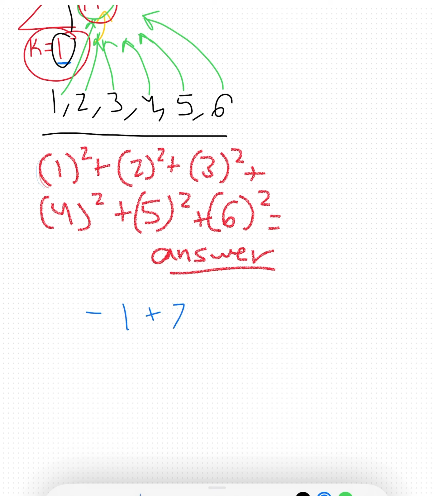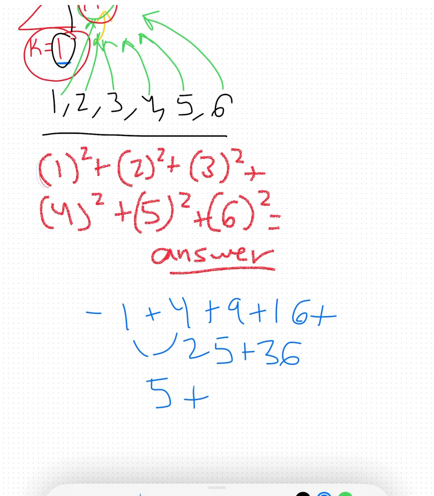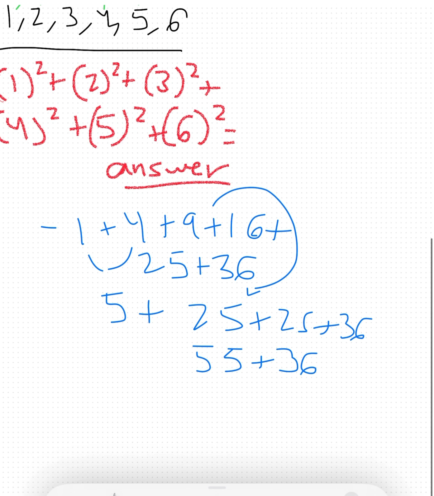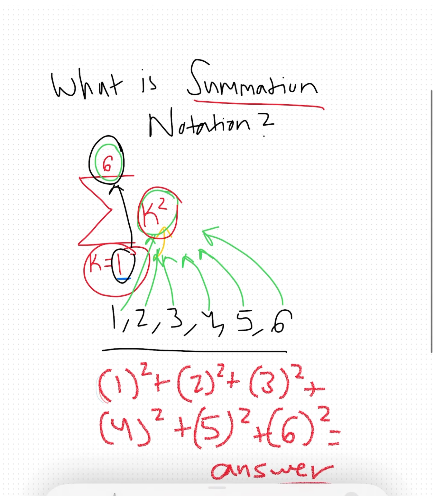So 1 plus 4 plus 9 plus 16 is 25 plus 36. So this would equal 5 plus this, which would be 25 plus 25 plus 36. So 55 plus 36 equals 91. That'll be the answer to this problem right here.